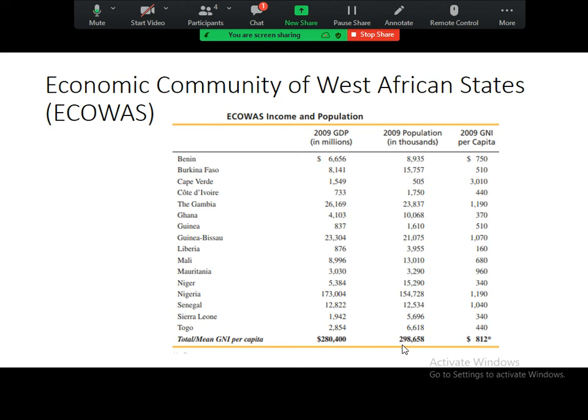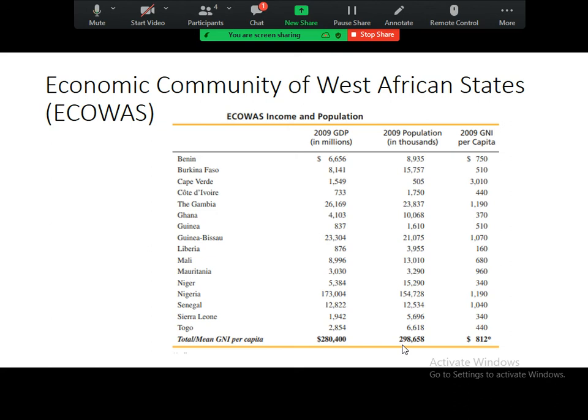The Treaty of Lagos establishing the Economic Community of West African States, that is ECOWAS, was signed in May 1975 by a total of 16 states with the object of promoting trade, cooperation, and self reliance in West Africa.